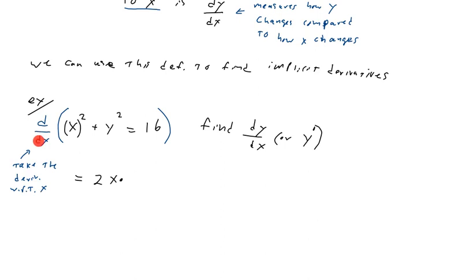And when I do d/dx of x, I'm taking the derivative of x with respect to x. What is the change in x over the change in x? We know the derivative of x is equal to 1, because it's dx over dx.